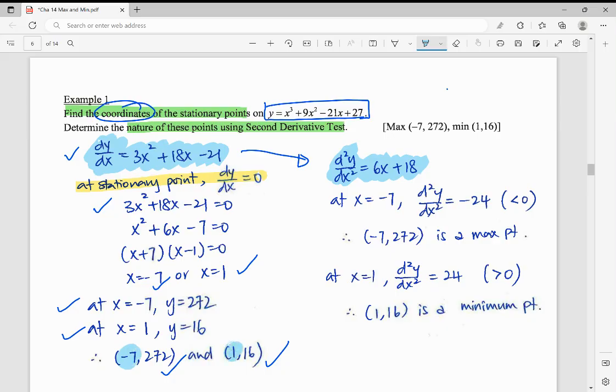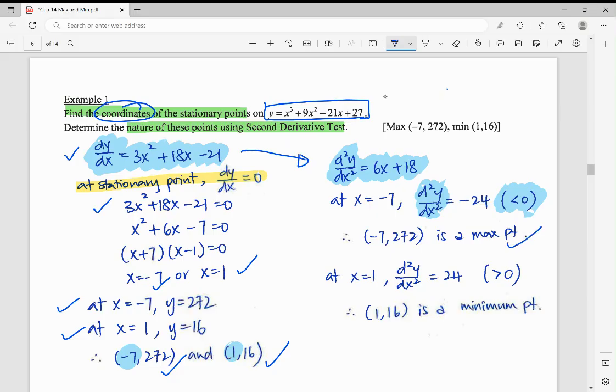So I'm going to substitute these two x coordinates into my second derivative. For x equals -7, I get -24, which is less than 0. Since my second derivative is less than 0, I can conclude that (-7, 272) is a maximum point.